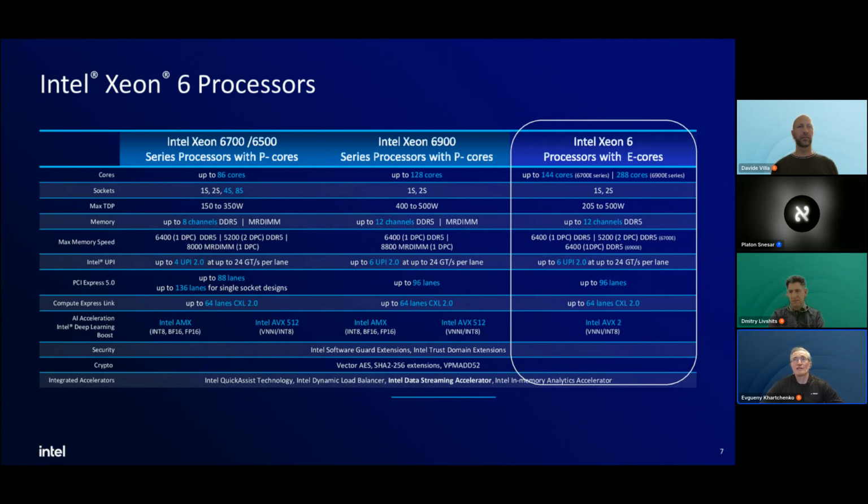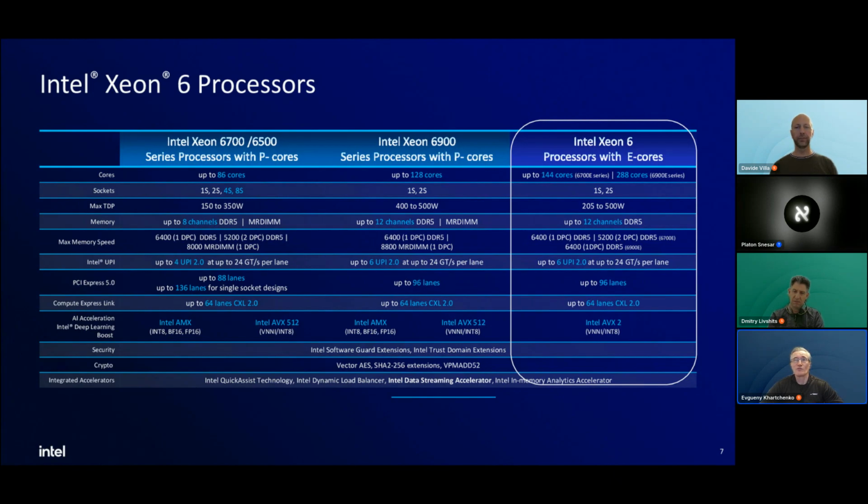If you look at E-cores, you can notice that it comes with a large amount of cores. On the widely available market, it's up to 144 cores, and custom solutions for cloud providers raise the bar up to 288 cores. It's only scalable in 1 and 2 sockets.